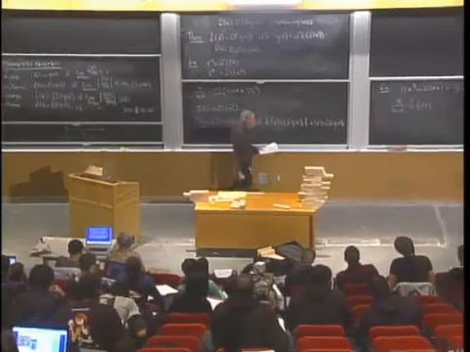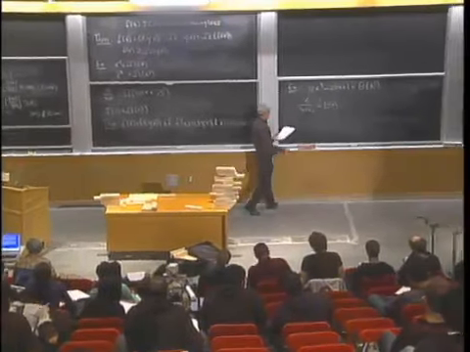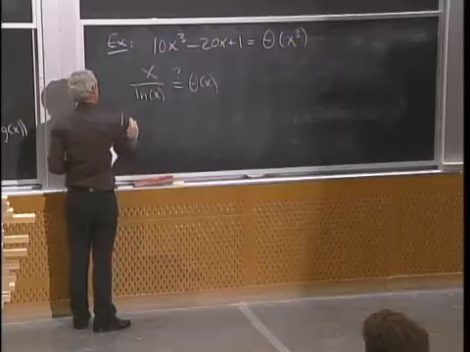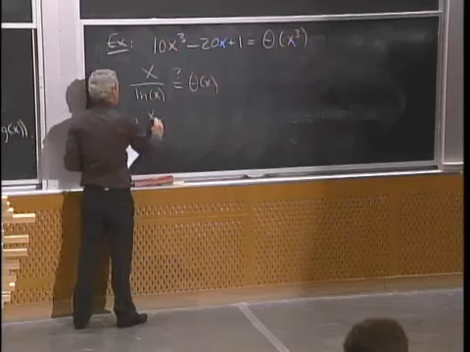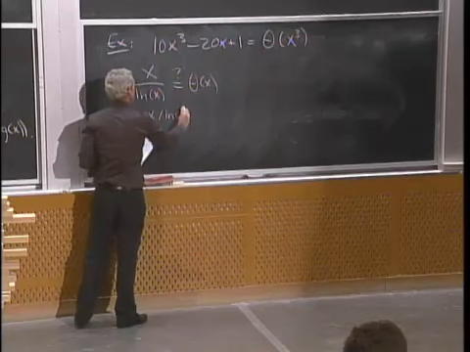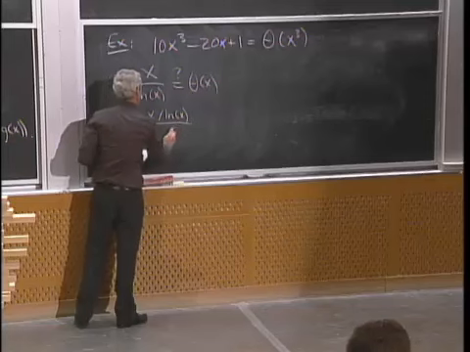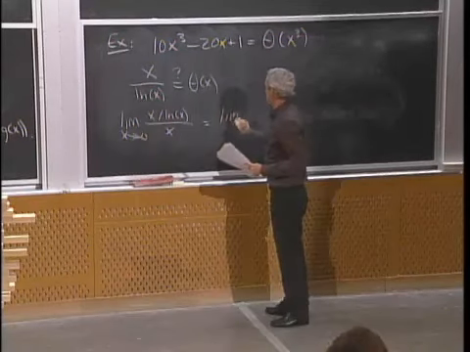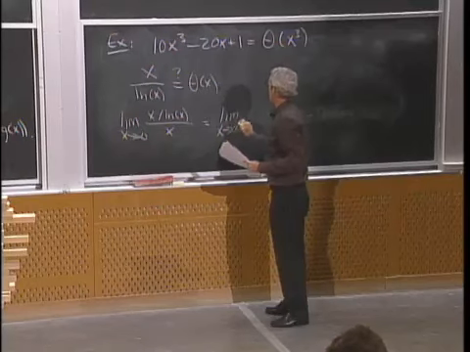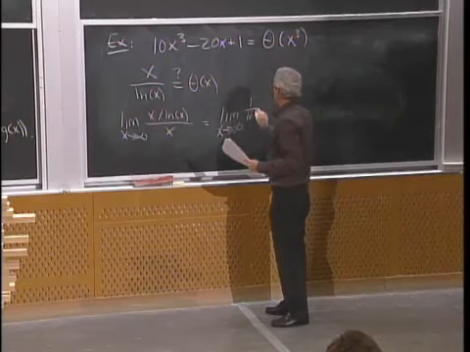Let's check. The limit as x goes to infinity of x over log of x divided by x, well, the x's cancel. That's the limit as x goes to infinity of 1 over log of x.